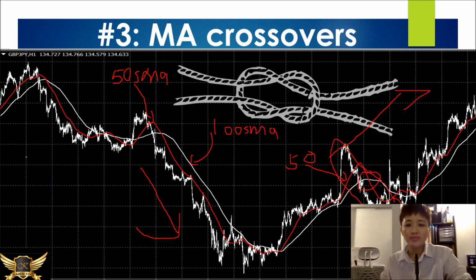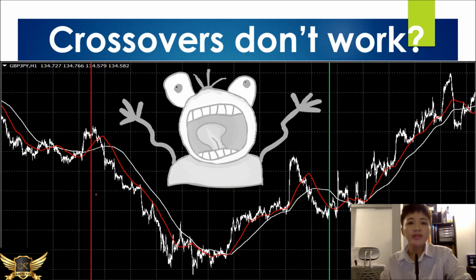So to put it simply, if the larger SMA is above the smaller SMA, then it is a bearish market. If the smaller SMA is above the larger SMA, then it is a bullish market. Actually, I should write it fully.